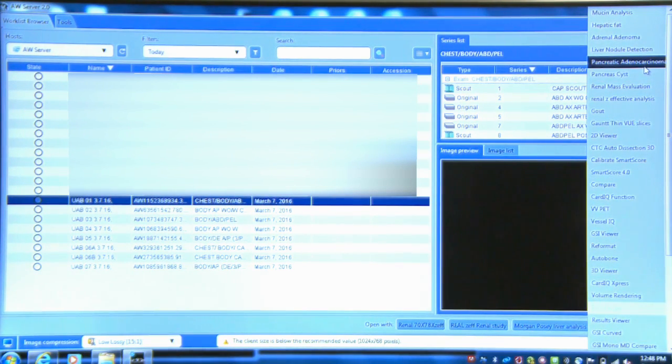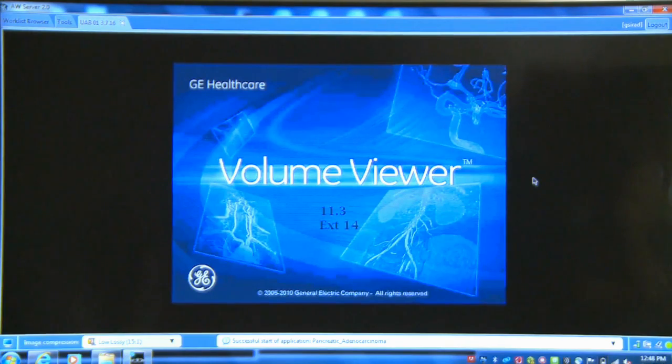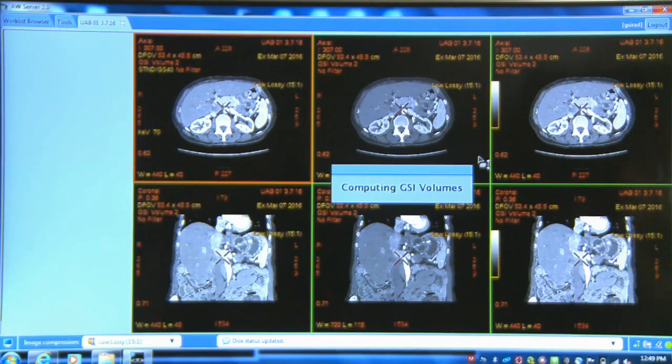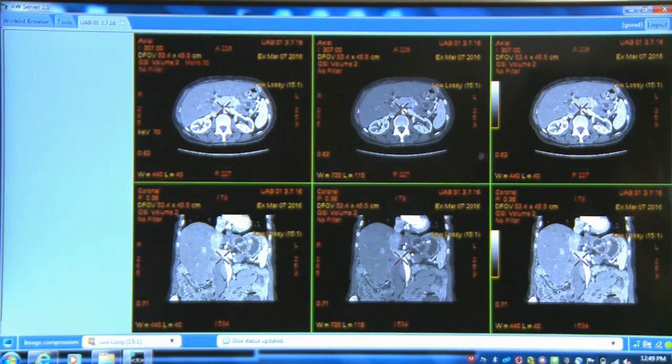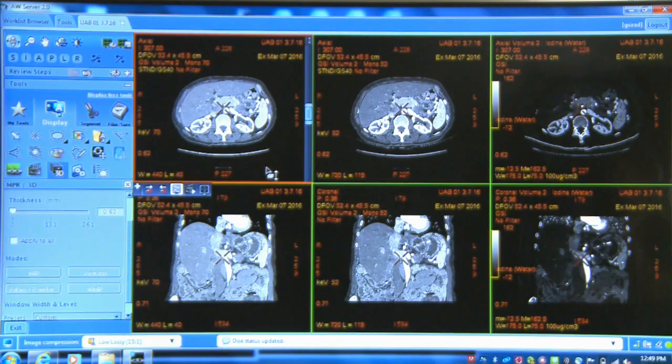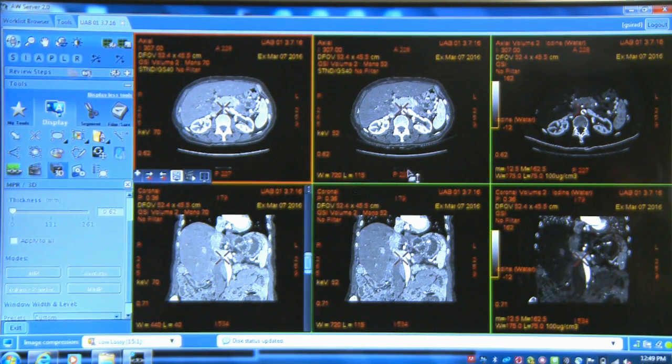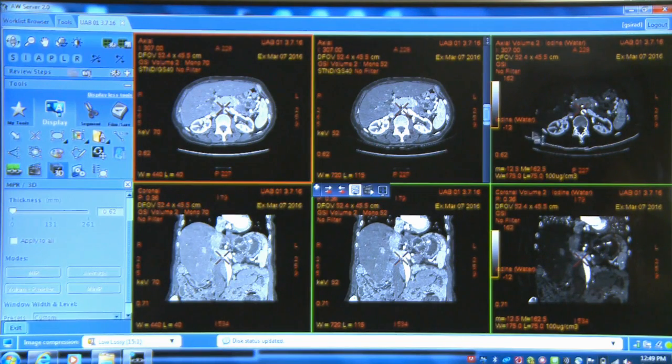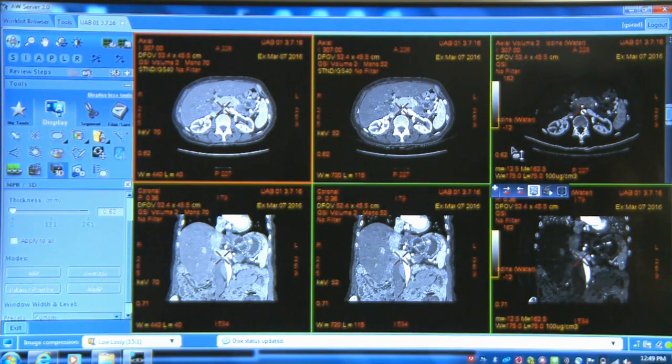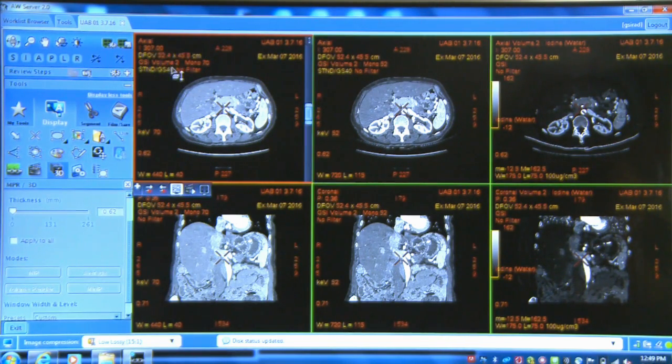We have created one called the pancreatic adenocarcinoma protocol, which has side-by-side 70 keV, 52 keV, and iodine images. So you can see as the images are loading in, there's a whole lot of data on dual energy images. Now we have 70 keV images, axial on top, coronal on the bottom, 52 keV images in the middle, and iodine images. And everything that's red can be changed with this AW workstation.